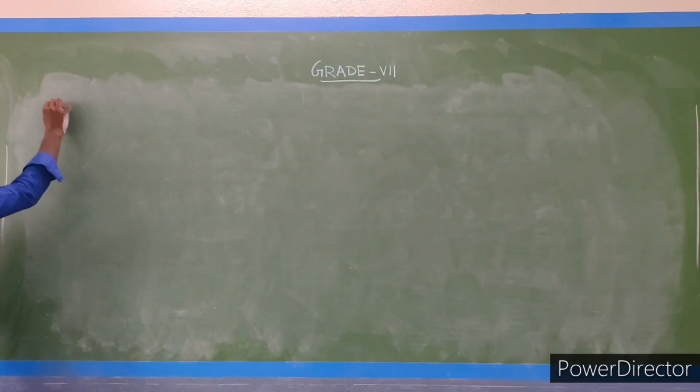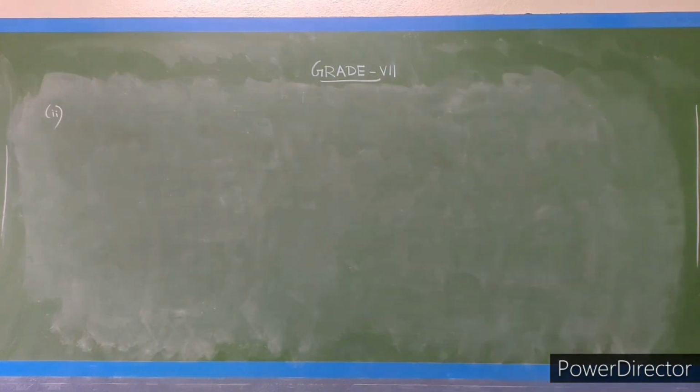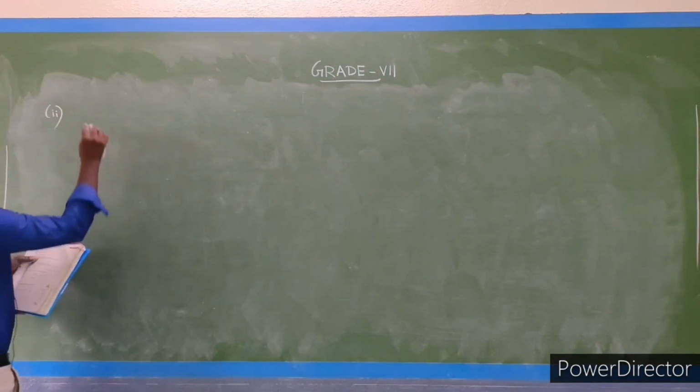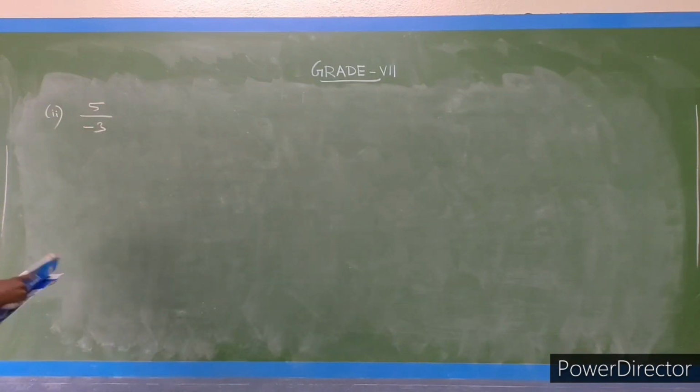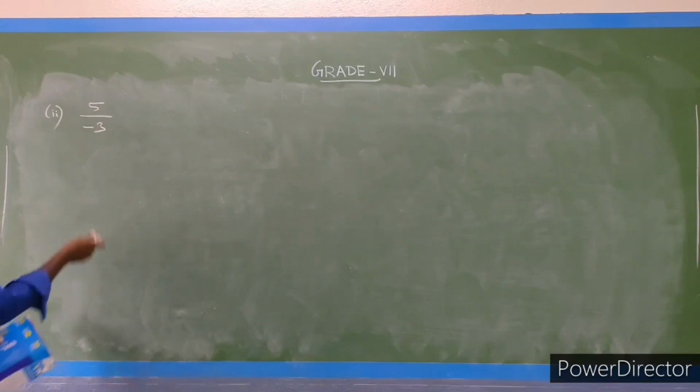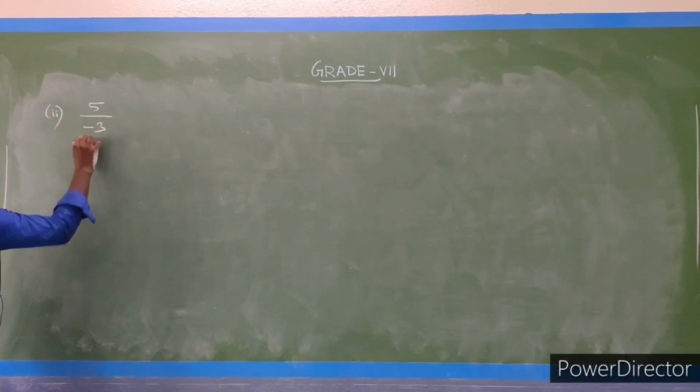Next, our second question. Give 4 rational numbers equivalent to 5 by minus 3. How to find this?